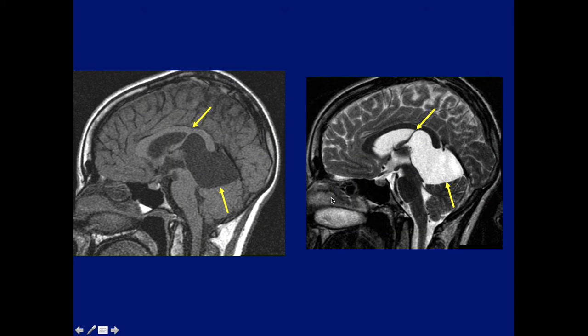And this is even a larger one. Again, notice the flattening of the quadrigeminal plate, and look again, it extends into the posterior fossa, compressing the cerebellum with a large extension. Unfortunately, in none of these cases could I get any history as far as fourth nerve symptomatology. But again, it is one of the possible causes of trochlear palsies.